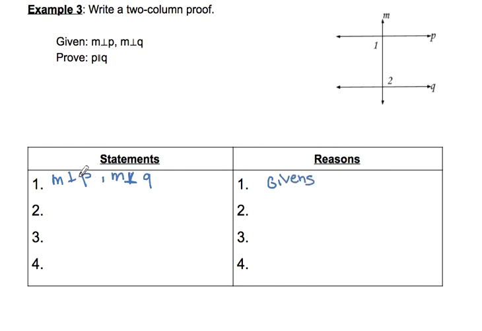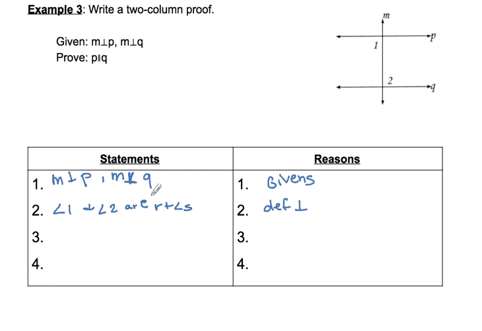So since they are perpendicular, I can use the definition of perpendicular, which says that if two lines are perpendicular, then they meet at a right angle. So angle 1 and angle 2 are right angles. And that's by the definition of perpendicular.